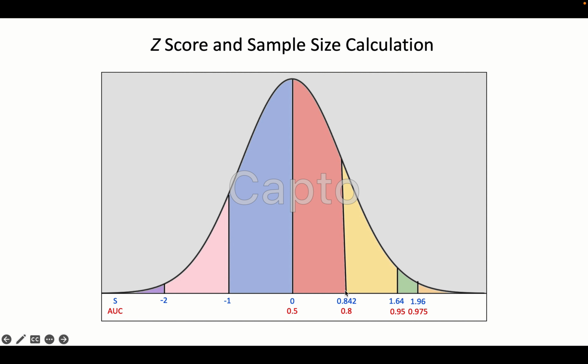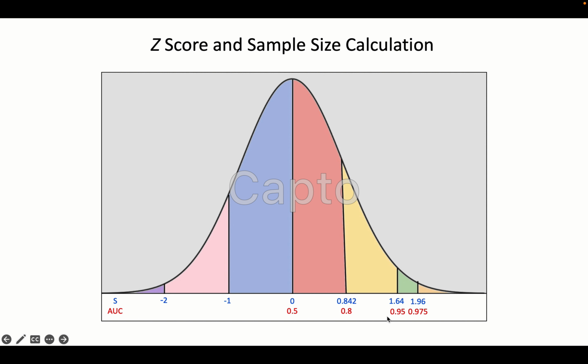So that means that if I wanted to calculate the area under the curve, or this red plus this blue area plus this pink area plus this purple area, you will have exactly 80%, which is represented here by the area under the curve.